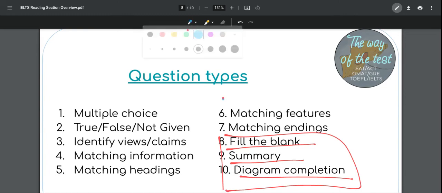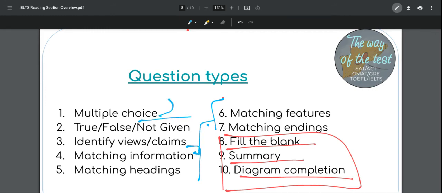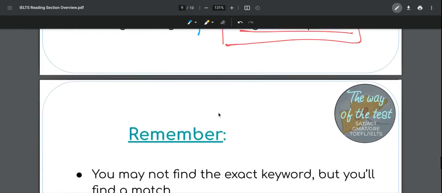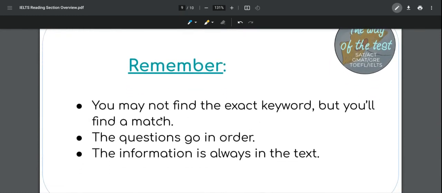You have matching features, matching endings, matching information, matching headings. These are all matching. And then you have multiple choice and true, false, not given, which can be considered either a matching or a multiple choice. So if you notice, yes, there are 10 specific question types, but they can be categorized into 3 main question types.